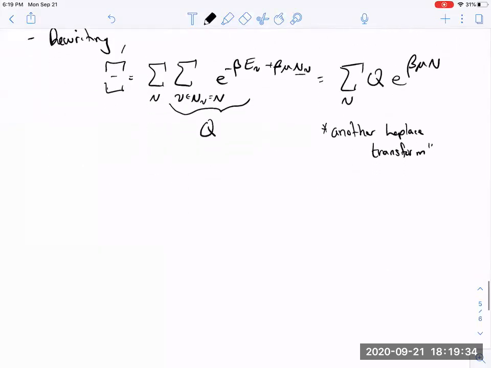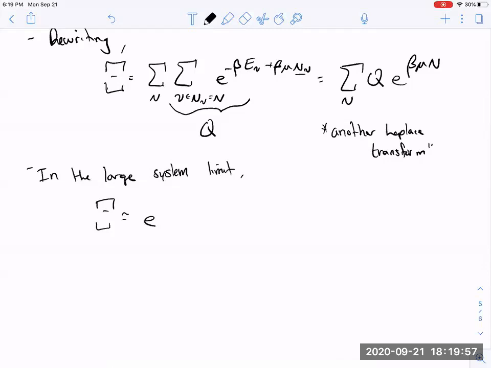All right, so the fun doesn't stop there. If we take a large system limit, that sum is going to be dominated by its most likely value. Fluctuations are suppressed. So we can take that most likely value and pull them outside of the sum.